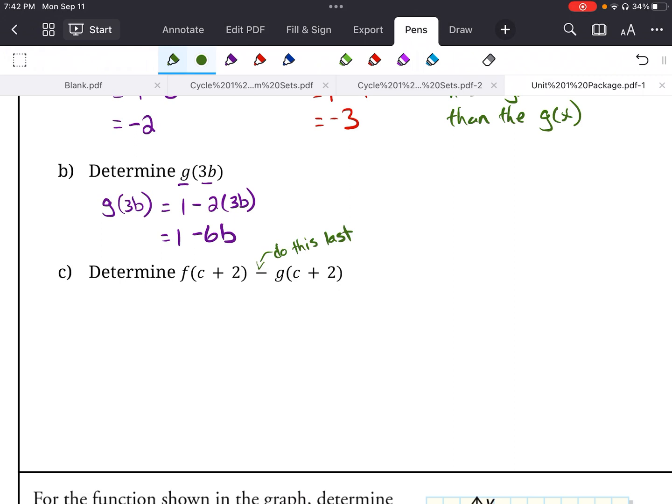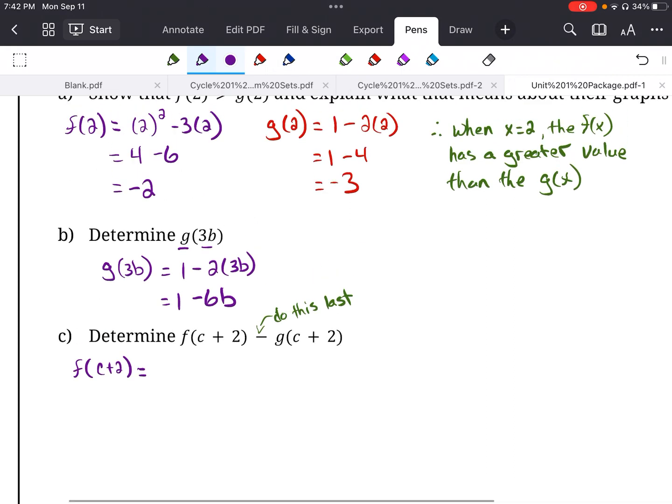So we're going to solve the f function, then solve the g function, and subtract the answers. We have f at c plus 2, and our f function was c plus 2 squared minus 3 times c plus 2.